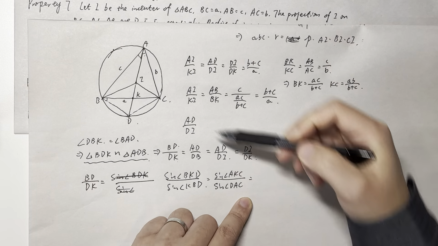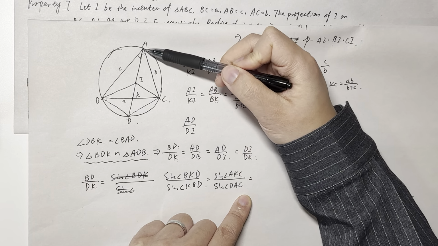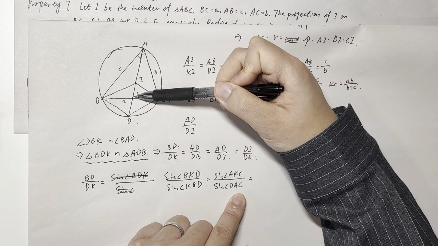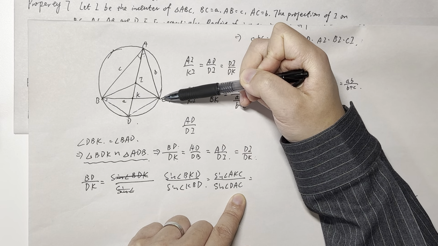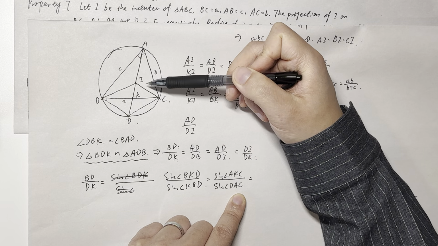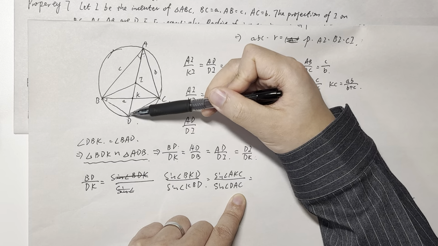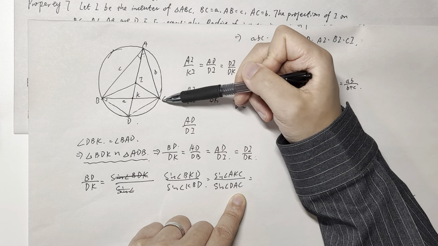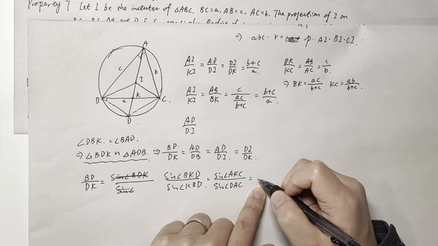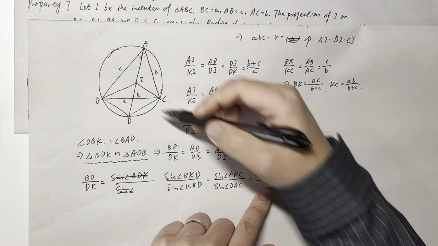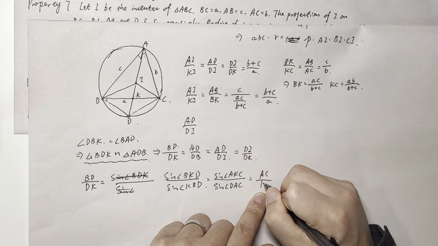And in triangle AKC, sine angle AKC to sine angle KAC, which is sine angle DAC, equals AC to KC, right?